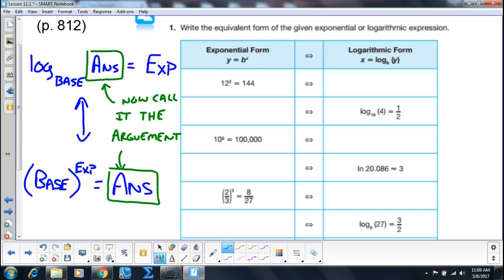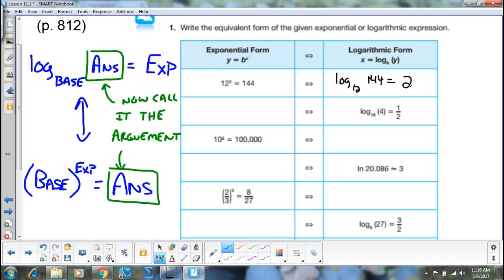So this one would be log base 12 of 144 equals 2. So that one written in log form is log base 12 of 144 equals 2. And that's how we read it.